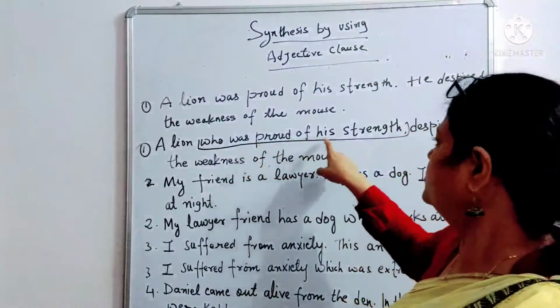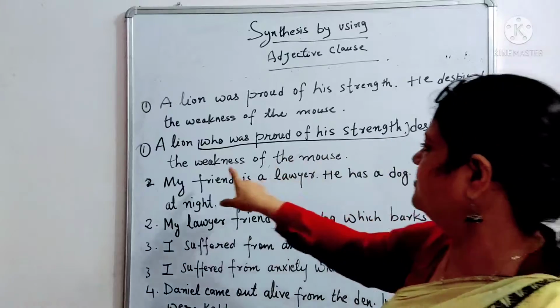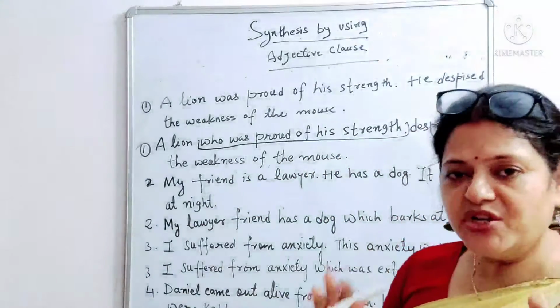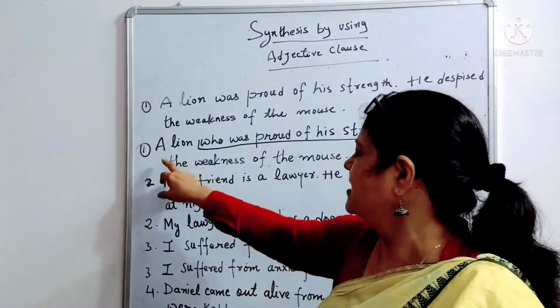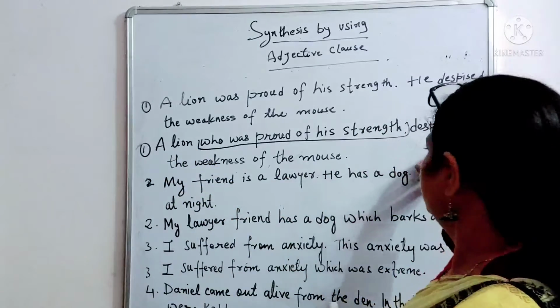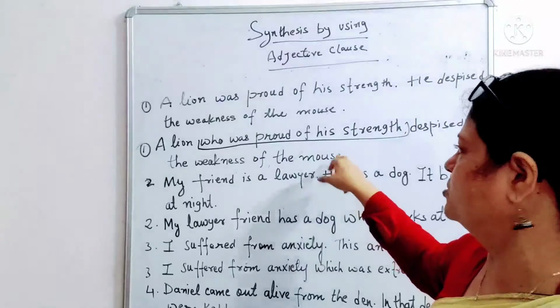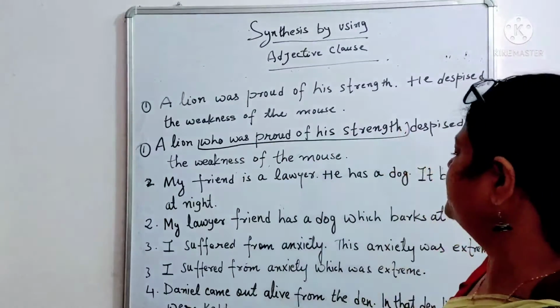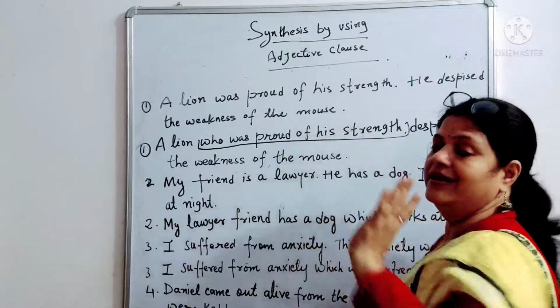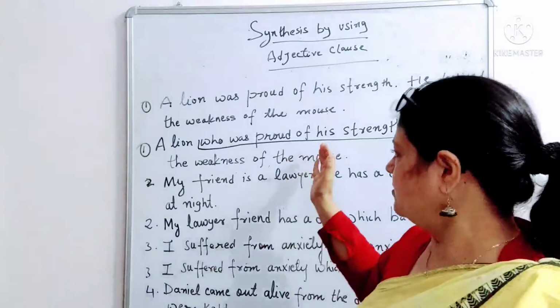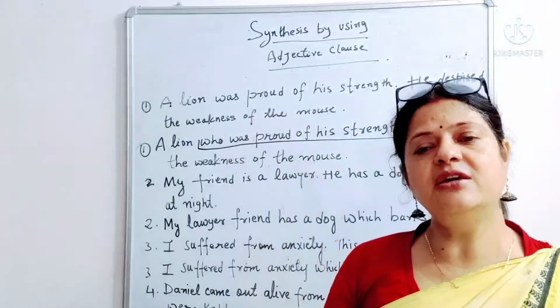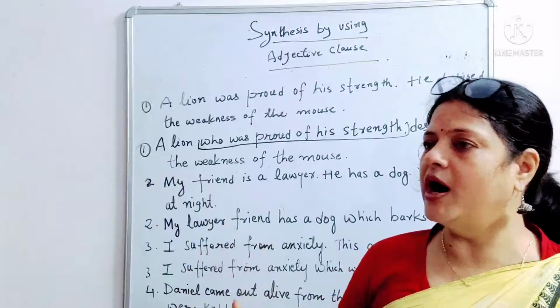So: a lion who was proud of his strength despised the weakness of the mouse. Actually the principal clause is, a lion despised the weakness of the mouse. This is the principal clause. Who was proud of his strength? This is actually a subordinate clause.